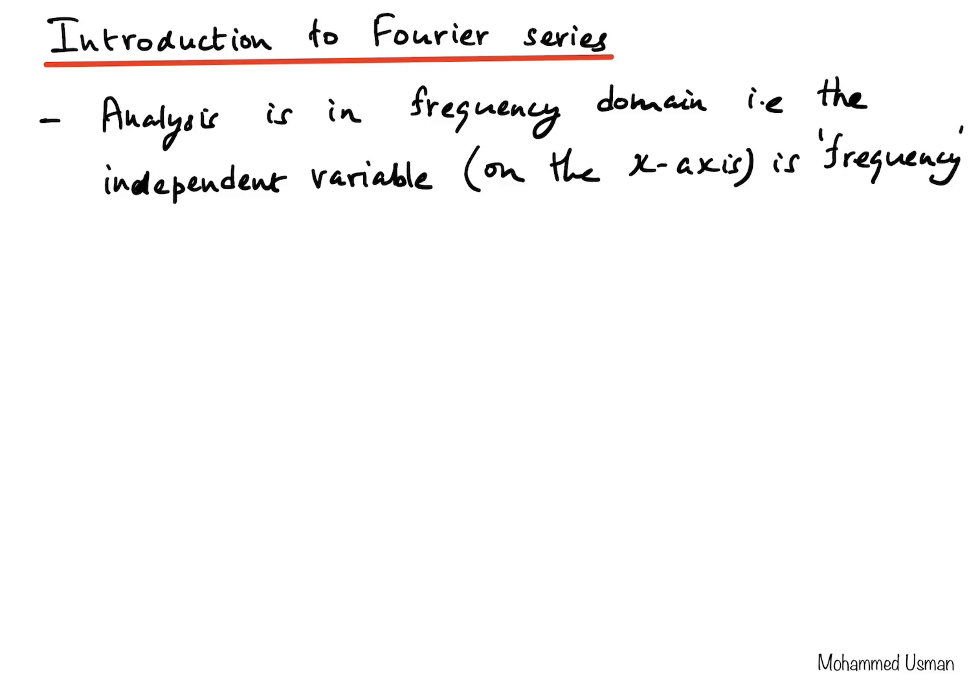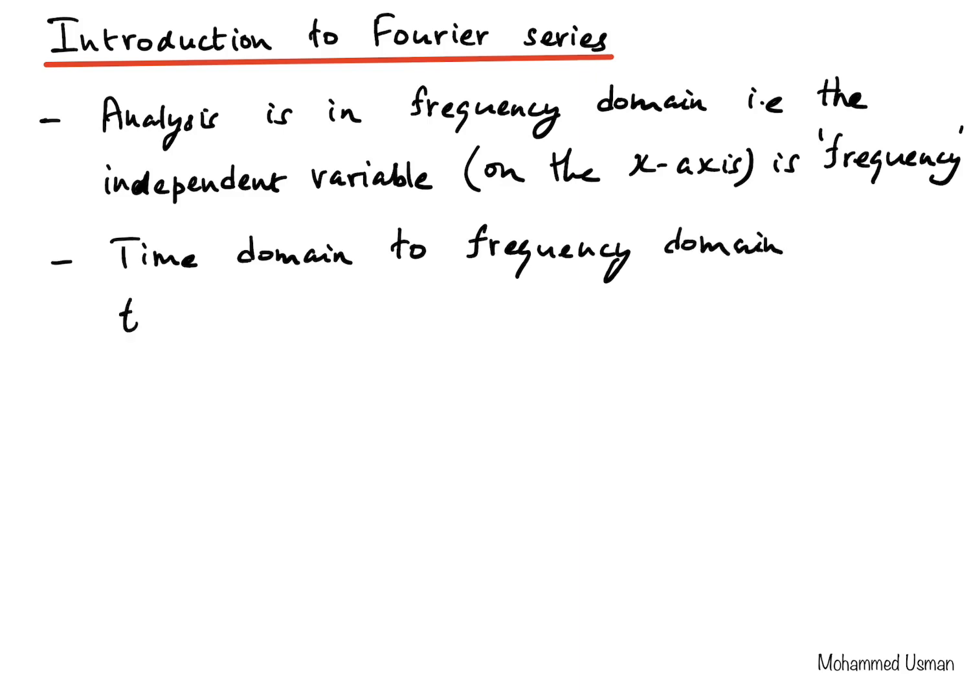Basically, by computing the Fourier series of a time domain signal, we are converting the signal from the time domain to the frequency domain. So, a time domain to frequency domain transformation.